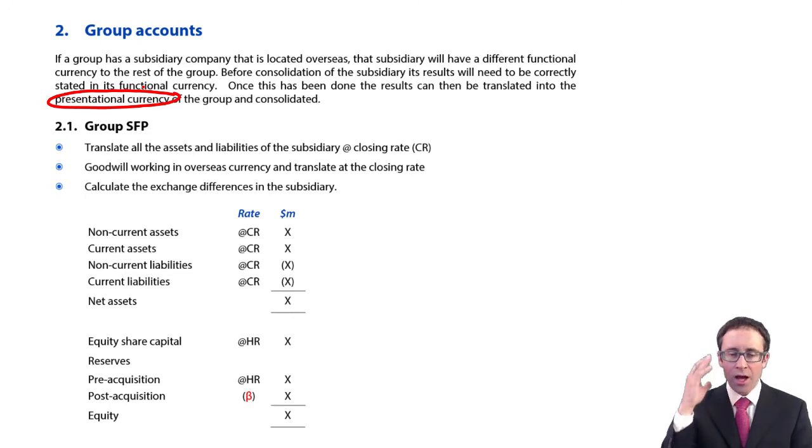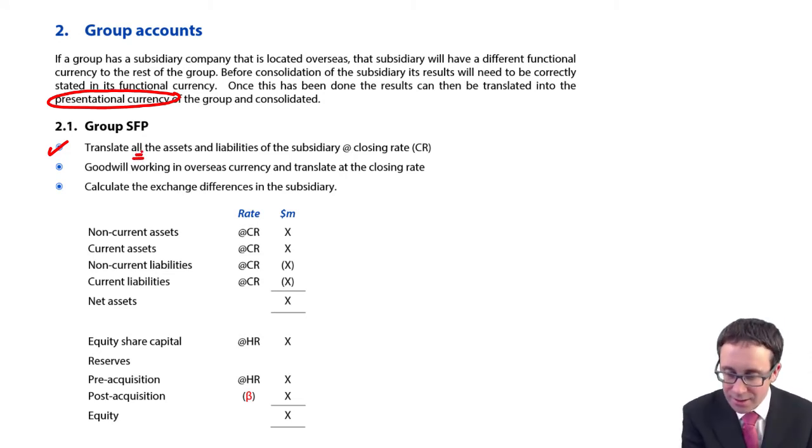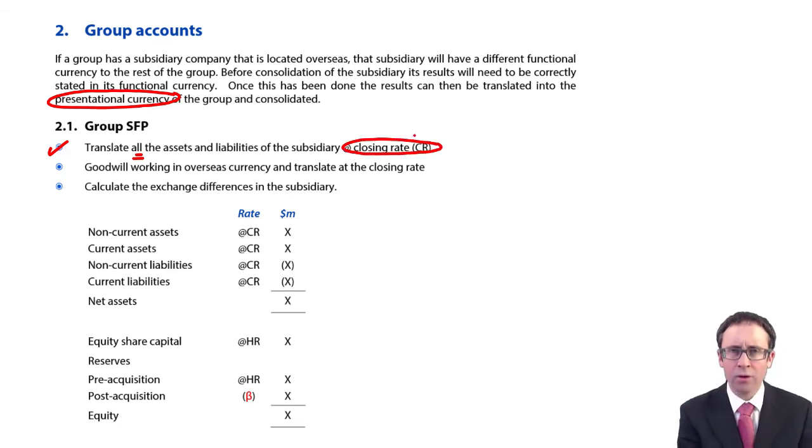So what have we got? The essentials with regards to the group statement of financial position are very straightforward, because we translate all the assets and all the liabilities at the closing rate. It doesn't matter whether they're monetary or non-monetary.